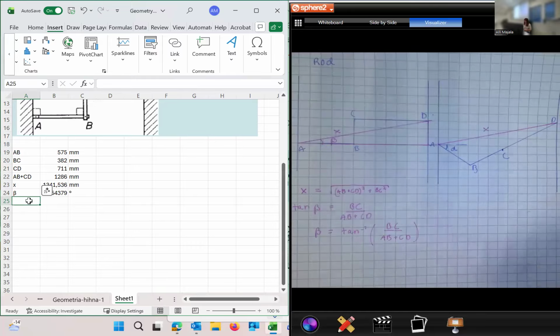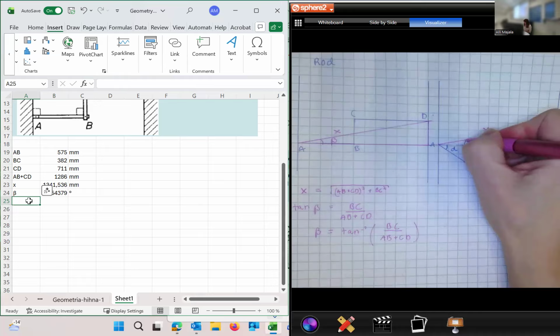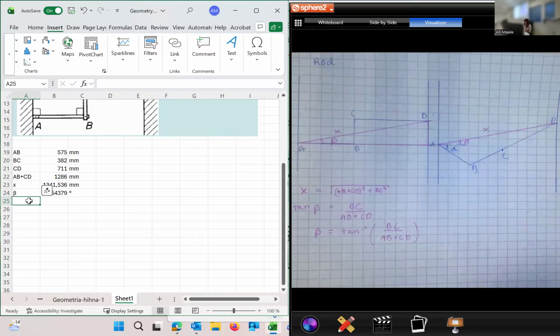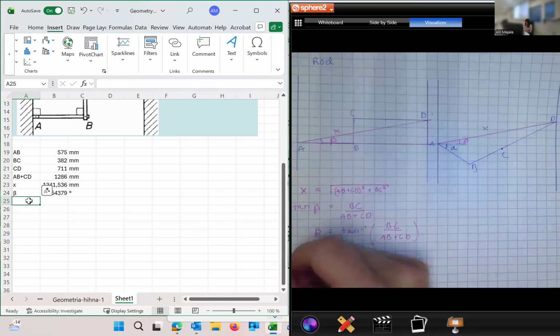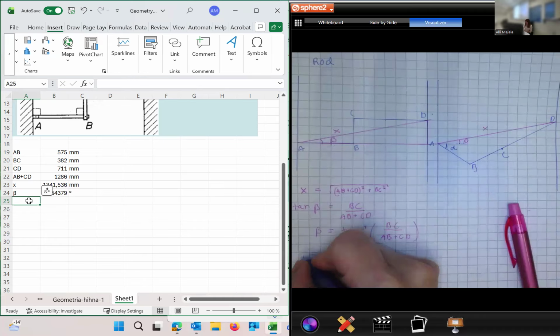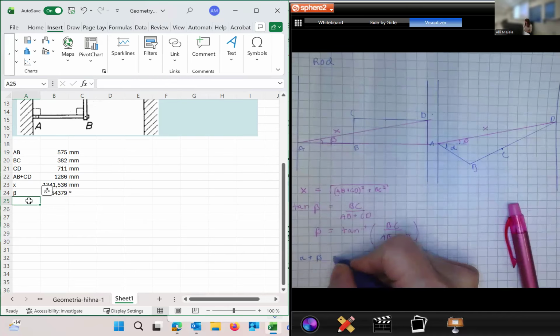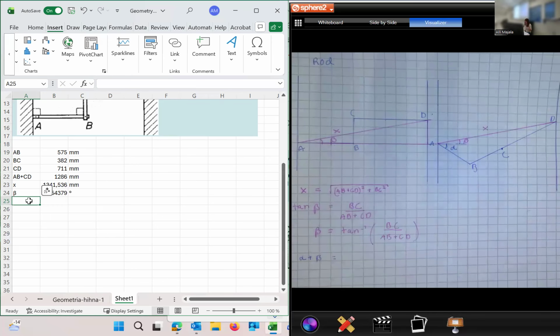If I have the beta here, then I have the alpha plus beta. This is actually what I want as an answer. No, I want to have the alpha, but now I thought of alpha plus beta.